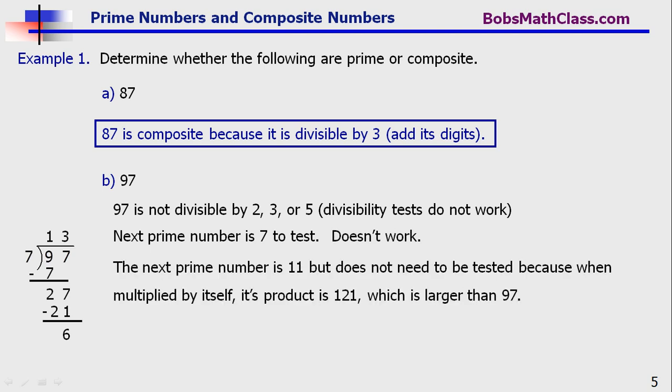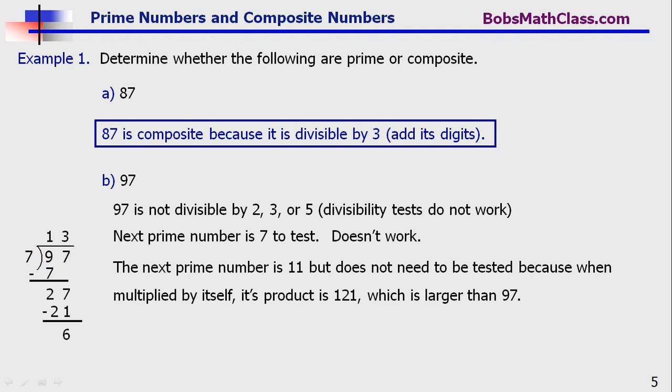The next number to try is 11. Now, what's 11 times 11? It's 121, which is larger than 97. So we could stop there because 11 will not go into it.